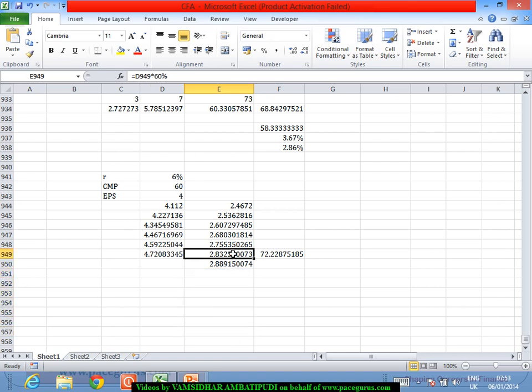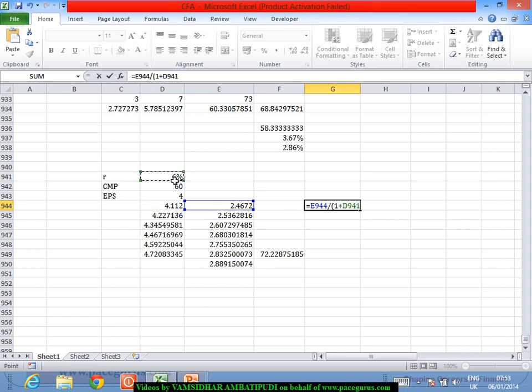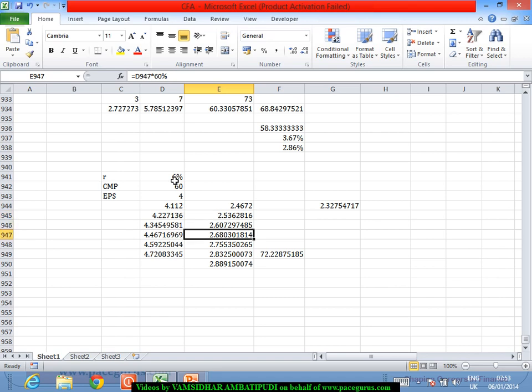And these are the different dividends for the next 6 years. Each one of them I have to discount to the present value: D1 by 1 plus R, D2 by 1 plus R squared, D3 by 1 plus R cubed, D4 by 1 plus R to the power 4.